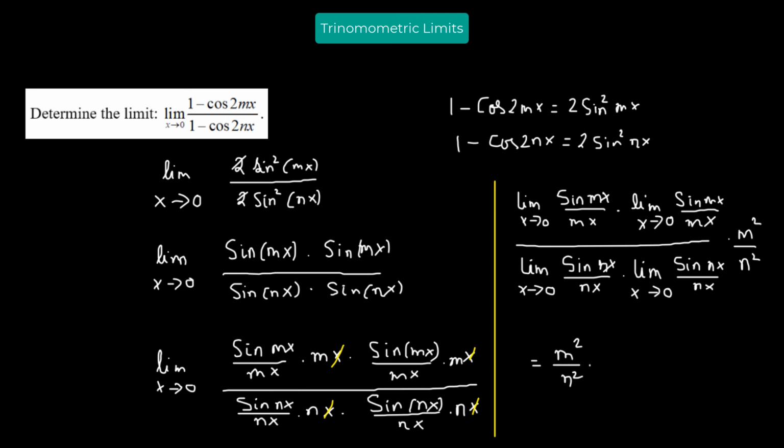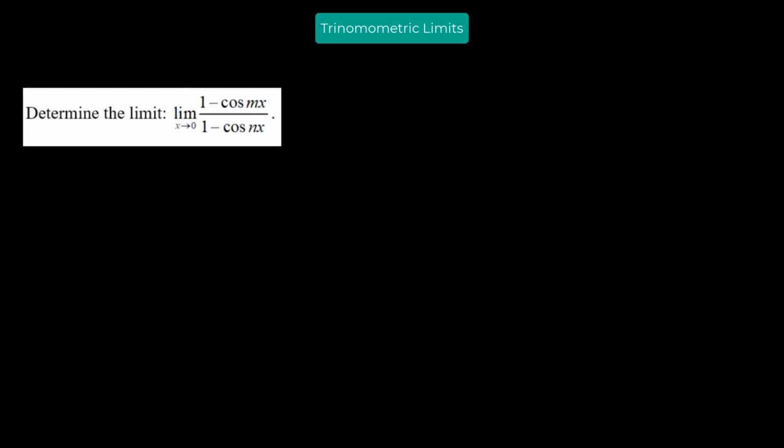So let us do another problem. So here in this question we have the function 1 minus cosine of mx over 1 minus cosine of nx, and we need to determine its limiting value. So we can rewrite it as limit x tending to 0.